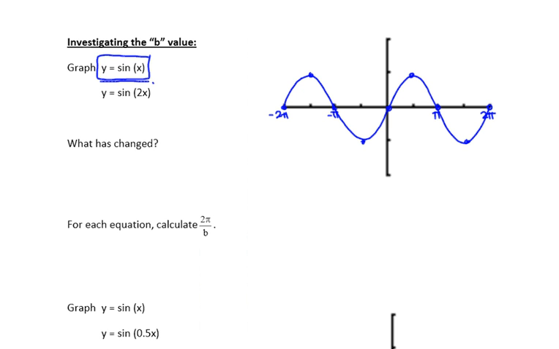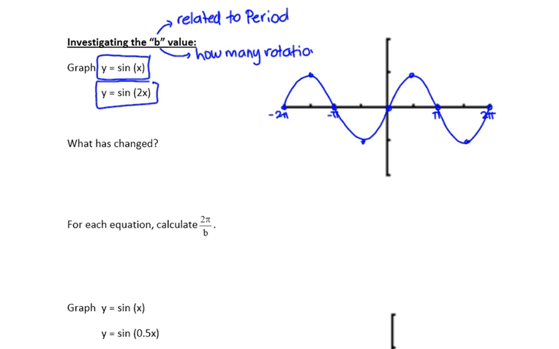So the B value is related to period. The B value tells you how many rotations in 2 pi. And so this one had 2 rotations.